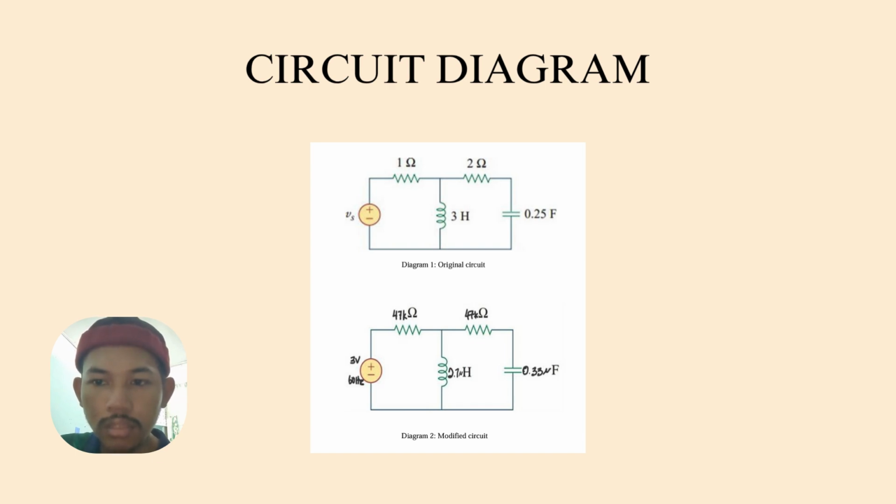Next, two resistors, R1 47k ohms, and also the same for R2, 47k ohms. And lastly, an AC voltage source operating at 3 volts, and the frequency is 60 Hz.